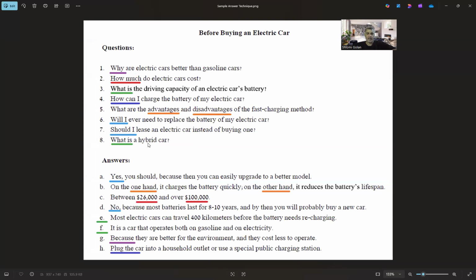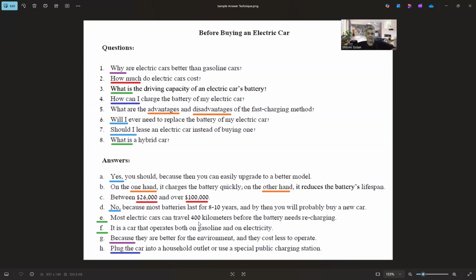What is a hybrid car and what is the driving capacity? Well, if I have a driving capacity, it means that I'm also looking for a specific value, right? So if I'm looking for a specific value, it has to be, well, we already used this, right? So what is the driving capacity?